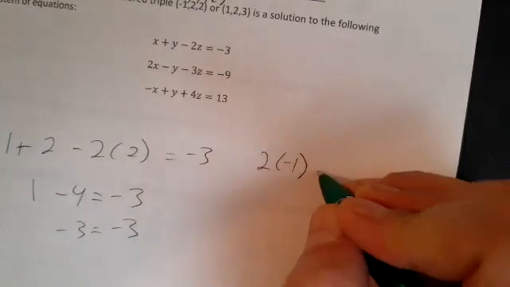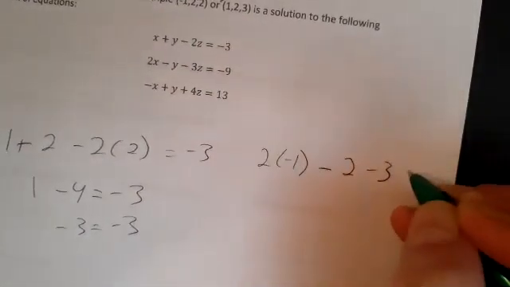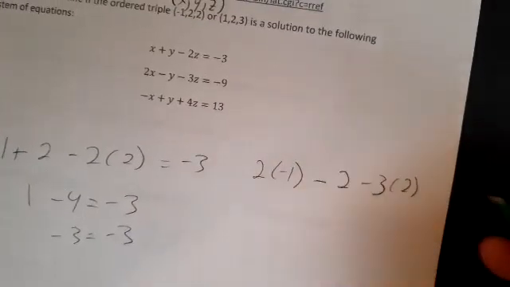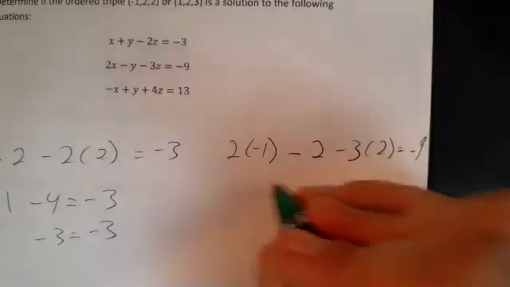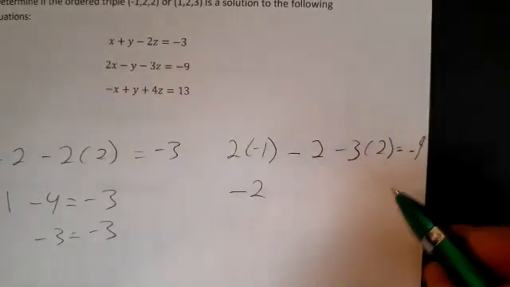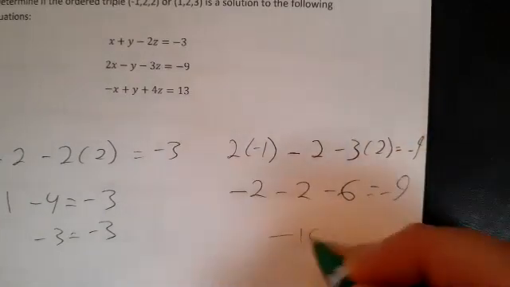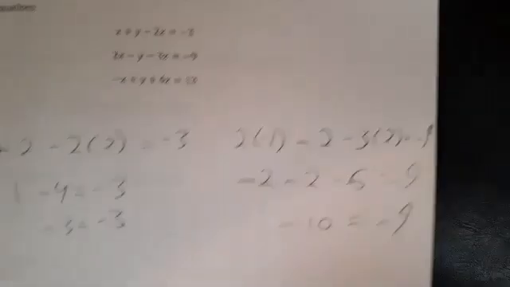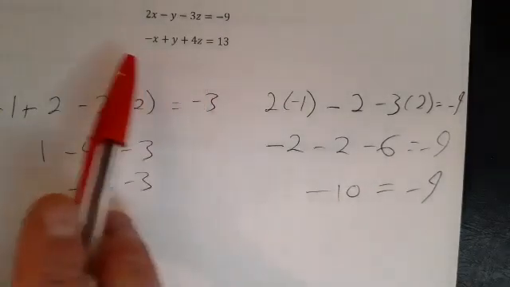So 2 times -1 minus 2 minus 3 times 2, is that equal to -9? This is minus 2, this is minus 2, minus 6. I think this one ends up giving me -10 is equal to -9. And so right away, if you want, you could go plug it into here and see if it works.